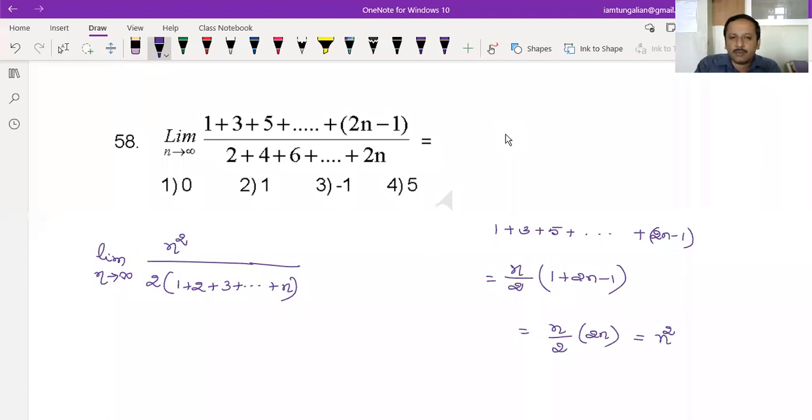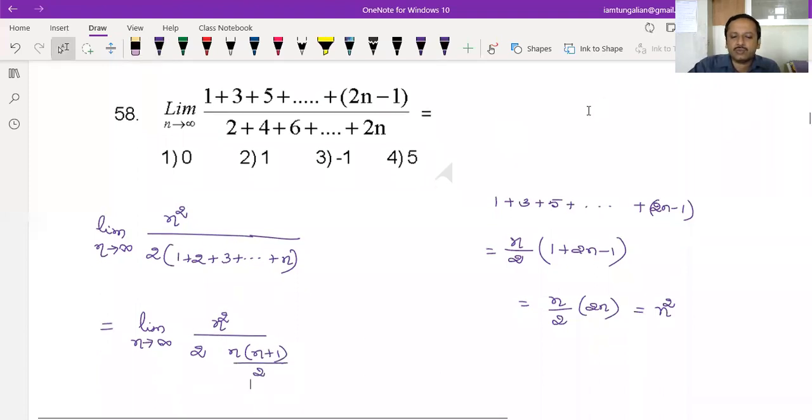Okay. So in the denominator, what did I do? I have taken 2 as a common factor, so we have 2 into (1 + 2 + 3 up to n). That's equal to limit n tends to infinity of n² divided by 2 into, now this 1 + 2 + 3 up to n is nothing but n(n + 1) by 2.